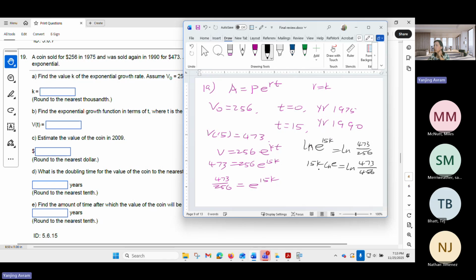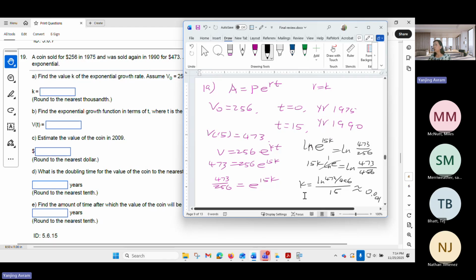Okay, so ln e equal to 1. All right, so K will be ln of 473 over 256 divided by 15. And you can put this whole thing into a calculator to calculate. So that is about 0.041. Okay, so that is your growth rate in here.